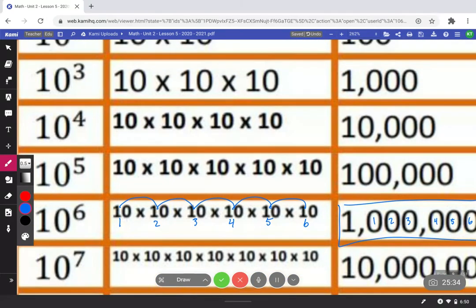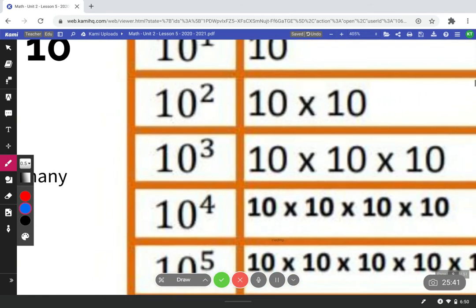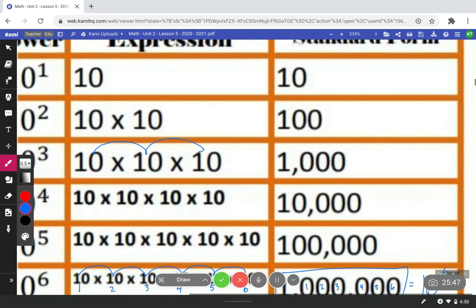But let's get back to the basics. 10 to the power of 3. That is telling us to multiply 10 3 times. So 10 times 10 times 10. How many zeros is that? 1, 2, 3. 10 to the power of 3. 10 times 10 times 10.